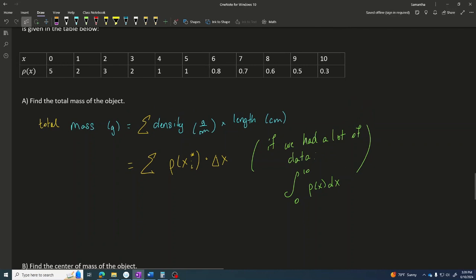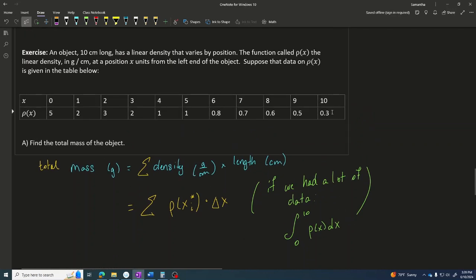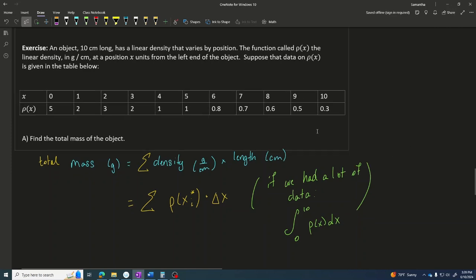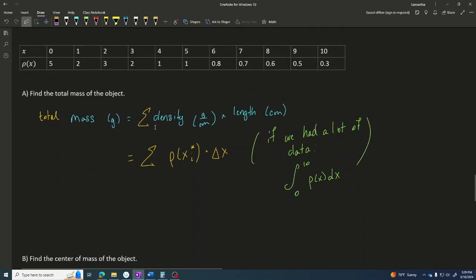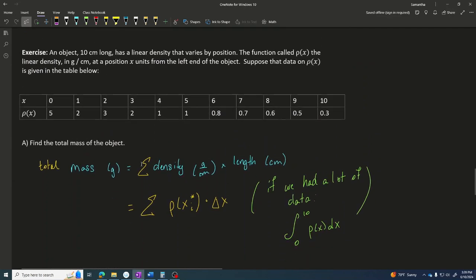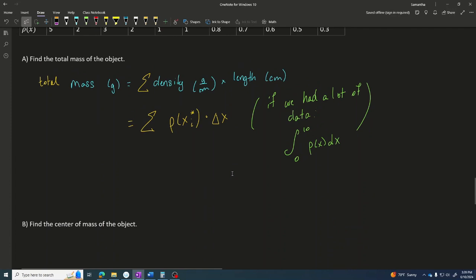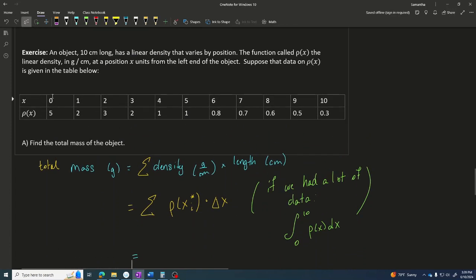Now, we don't have a lot of data. We only have the 11 data points given to us in this table. So we're going to have to stick with a Riemann sum calculation, which will just be an estimate for the total mass, but it's the best that we can do in this situation, so we're going to have to go for it. Now, as usual, it's up to us whether we decide to take a left Riemann sum or a right Riemann sum.